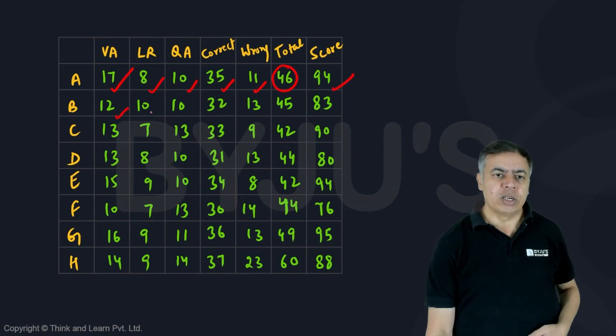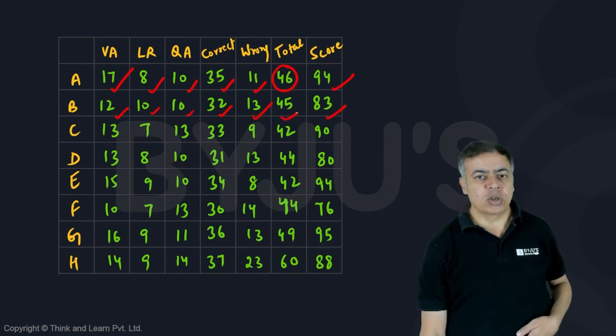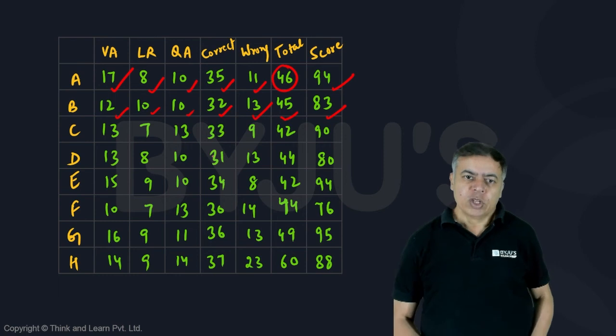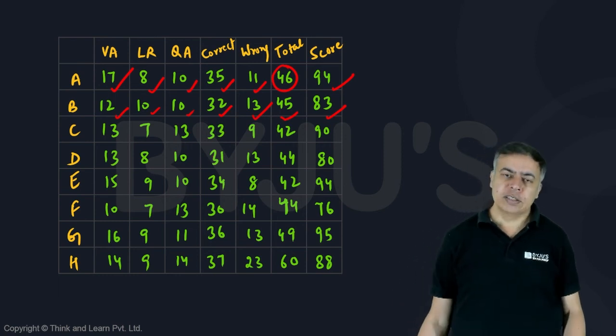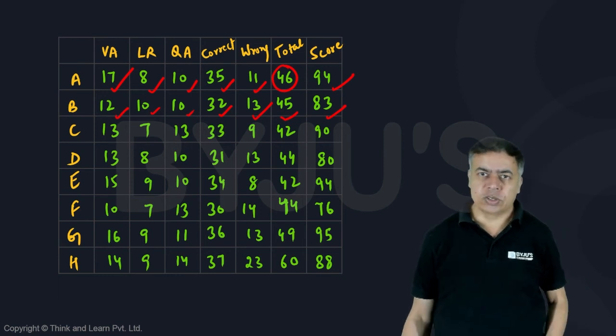Similarly for B, 12, 10, 10, 32. Because the total score was 83, so 96 minus 13, so 13 must be wrong and the total attempt should be 45. Like this we have the complete table for all the candidates, and based on this final table that we have prepared, you can answer all the questions on this set.